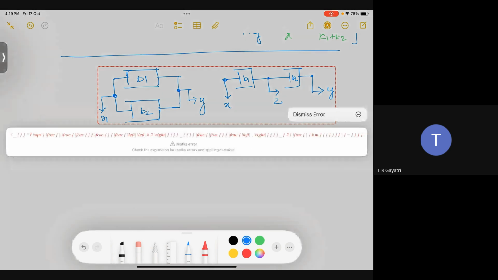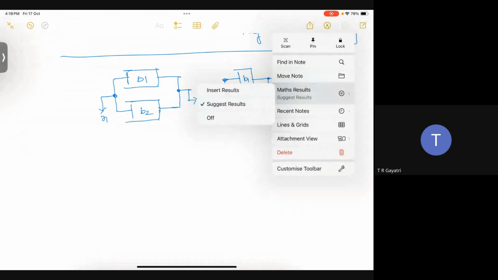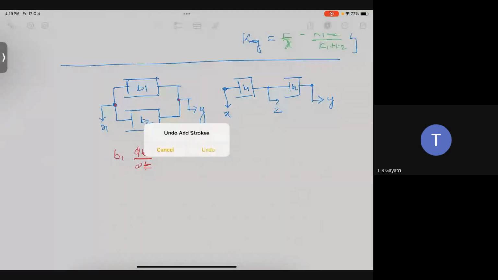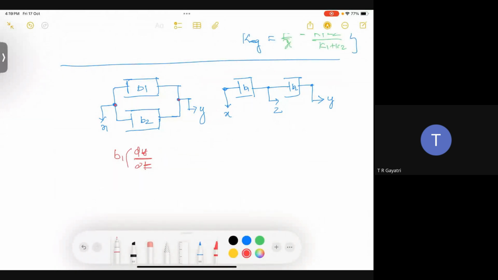Okay, for the first circuit, since both dampers have a common node here, it involves two different displacement values. We write first B1 will have the effect of the second node minus the first node, dy by dt minus dx by dt.